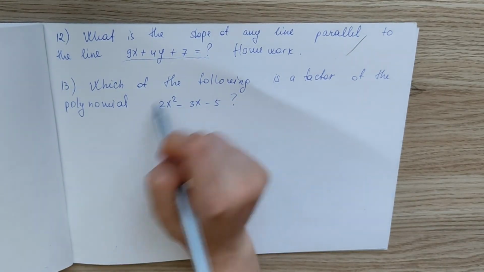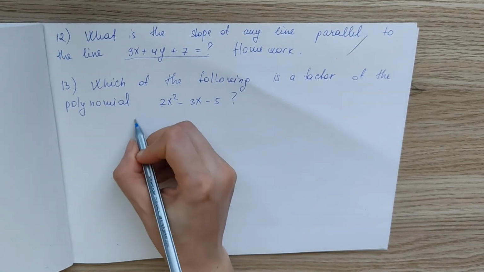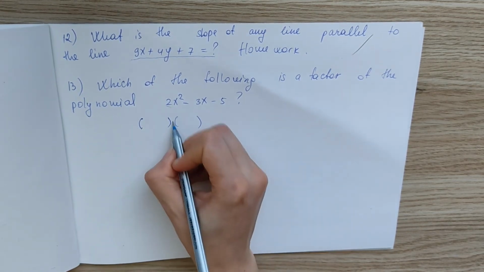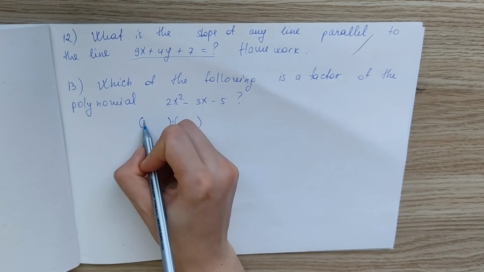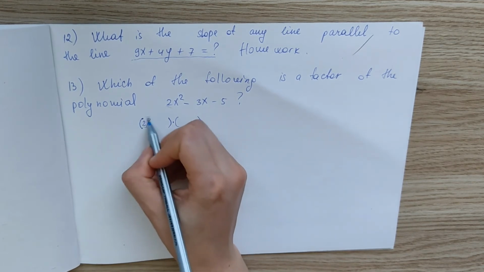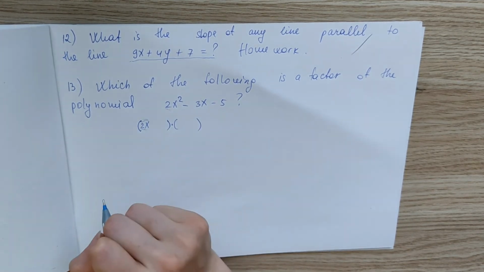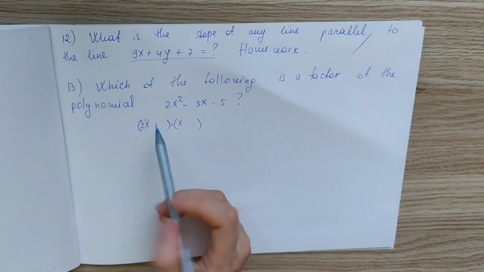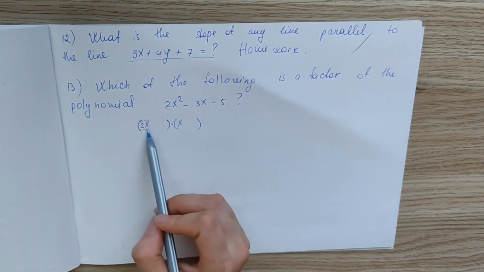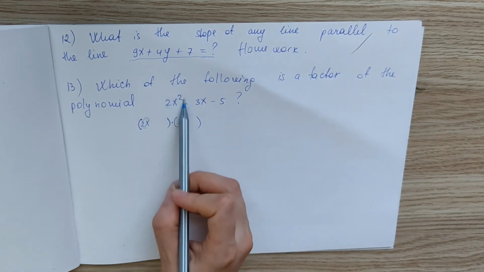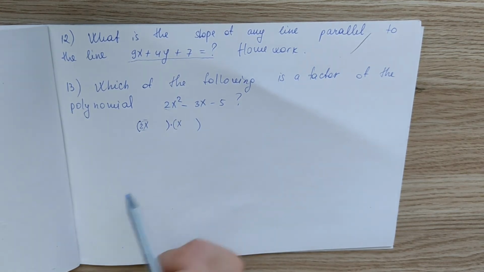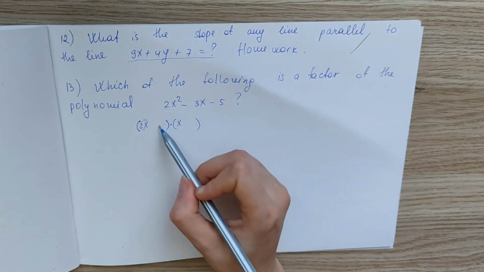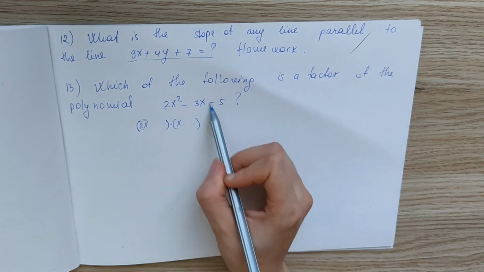So let's factorize this. Let it be any two factors. You know that the multiplication of the first elements of these factors should be 2x squared, and the multiplication of the final elements should be minus 5.